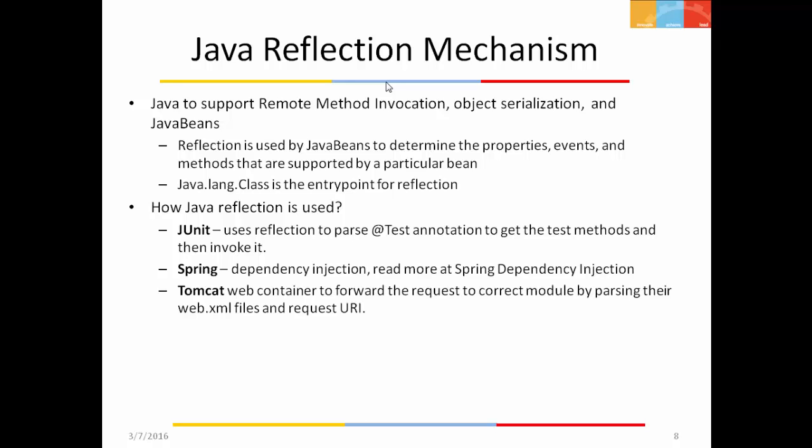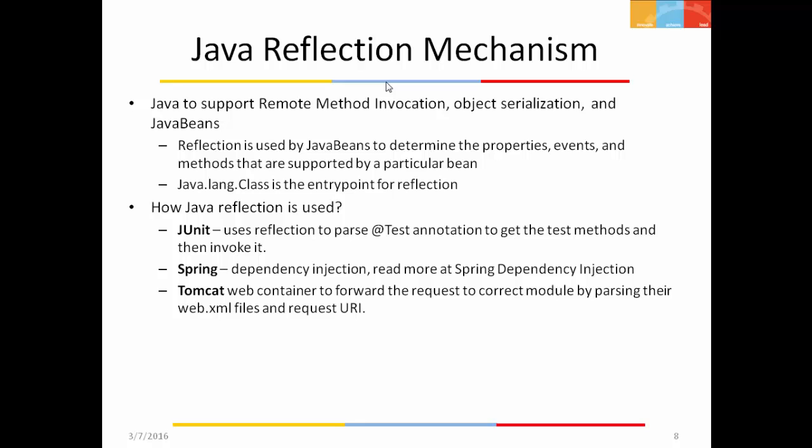Tomcat web container. Tomcat is a very popular open source web server cum web container, which can be used to implement a simple web-based application. It parses the web.xml file and the request URI to understand what object and what method of that object need to be called, and then it forwards the request to the correct module. web.xml is the XML file containing the information about the class that needs to be called for a given event.